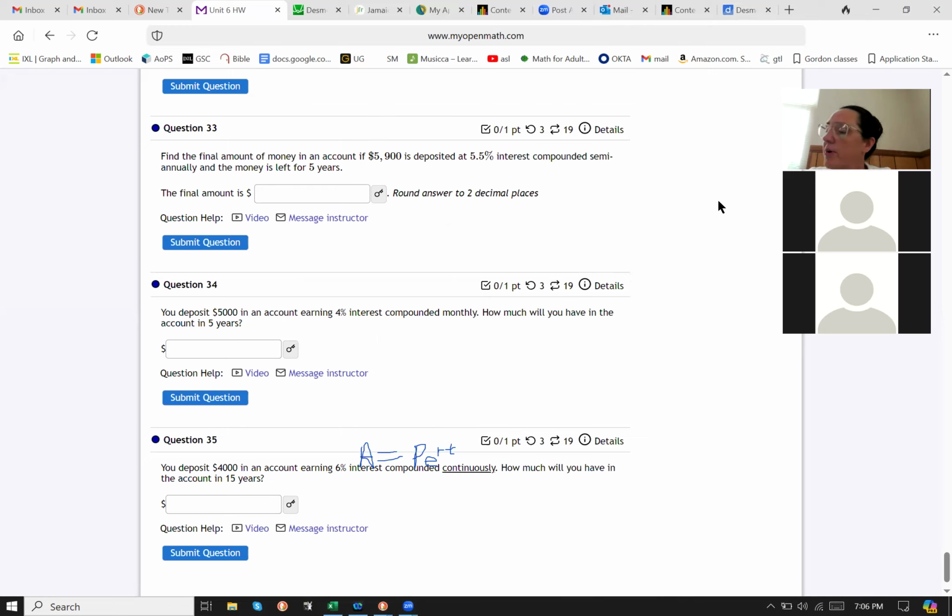Yeah, those are both the compound interest formula where you have A equals P times 1 plus R over N to the NT power. Let me just jot down our numbers here. So for number 33, we've got $5,900 at 5.5% interest, compounded semi-annually. So N equals 2, twice a year. Our time is 5 years.